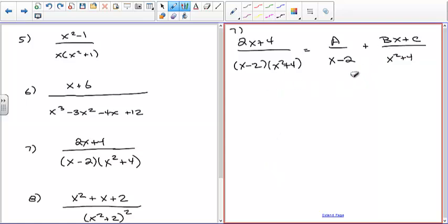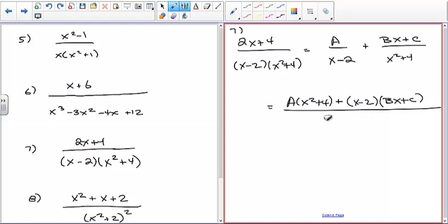Since we got two terms here, we can cross multiply. So you're going to have a times (x squared plus 4), and then you'll have (x minus 2) times (bx plus c), all divided by (x minus 2) times (x squared plus 4).